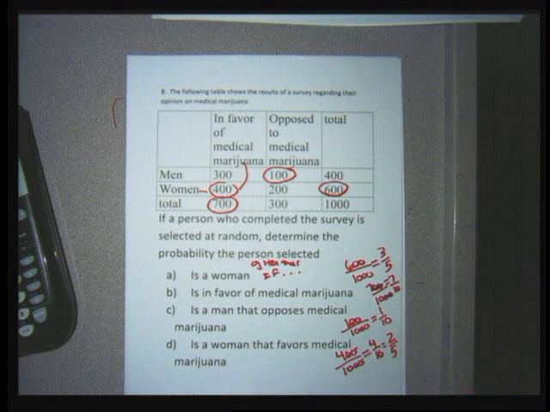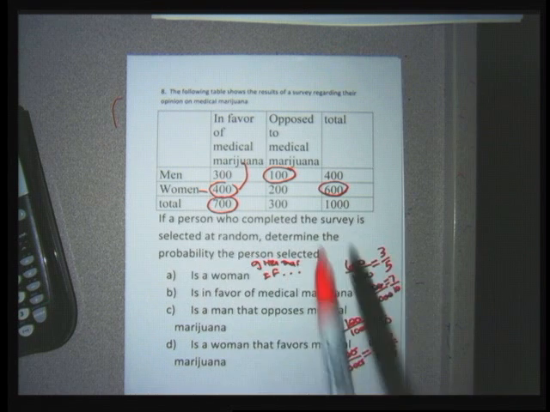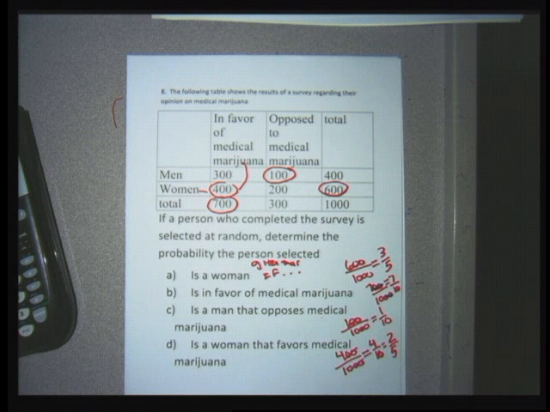So the best answer for 8D would be 2/5. Of the chart questions, this was much friendlier than the next chart probability question. The next chart is a little bit bigger, and it has some conditional probabilities, so all the denominators won't be the same number.